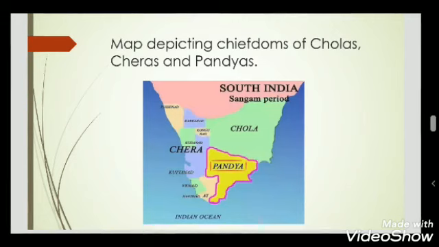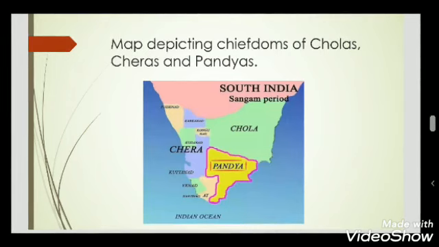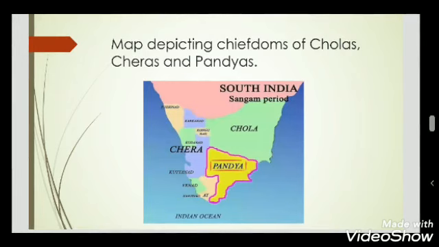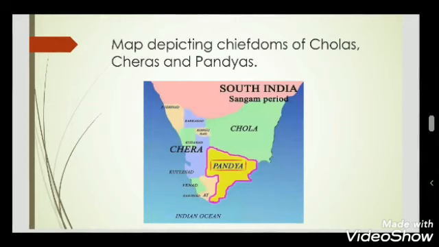South India is a little bit different from North India. Instead of agriculture leading to urbanization, you have trade leading to urbanization. Of course, agriculture supports trade in the background. But here trade plays a very important part in urbanization. Trade was the main reason why urbanization came in South India.